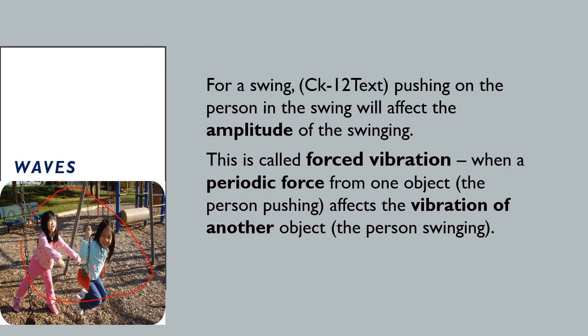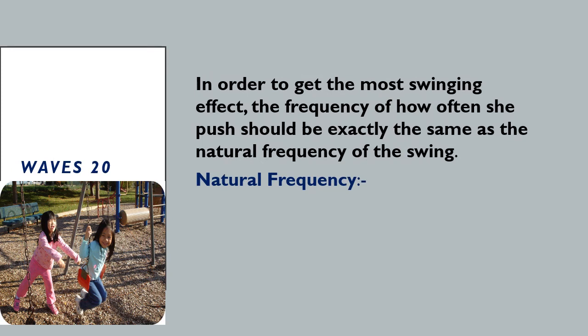It happens when the periodic force from one object, the girl that's pushing, affects the vibration of another object, the person swinging. In order to get the most swinging effect, the frequency of how often she pushes should be exactly the same as the natural frequency of the swing.